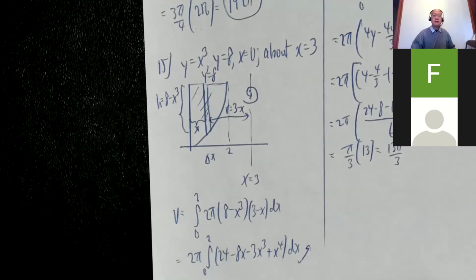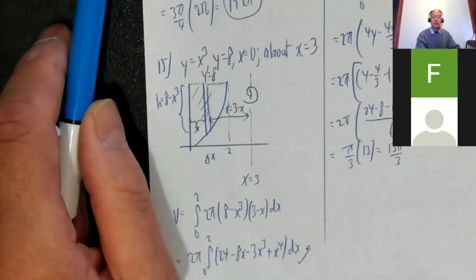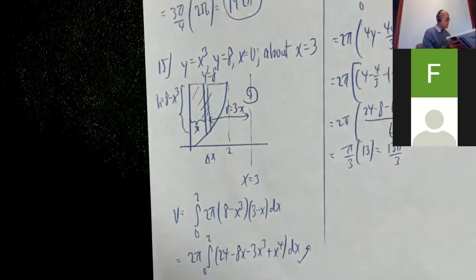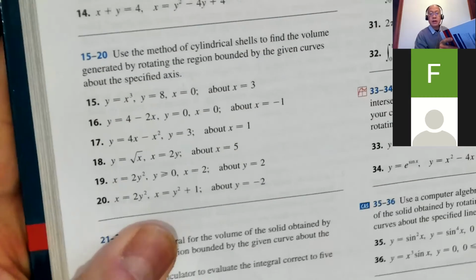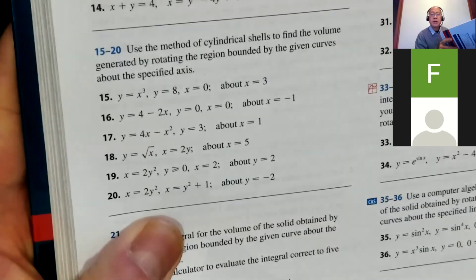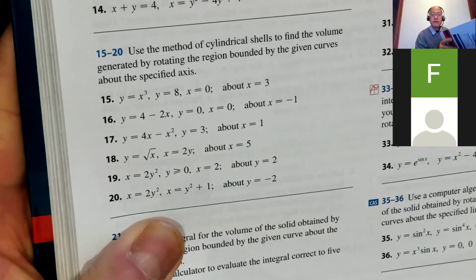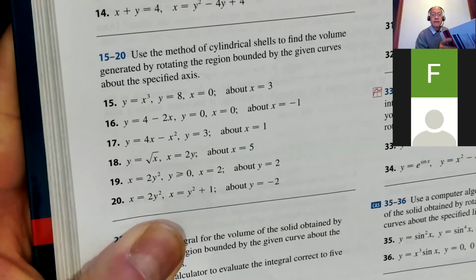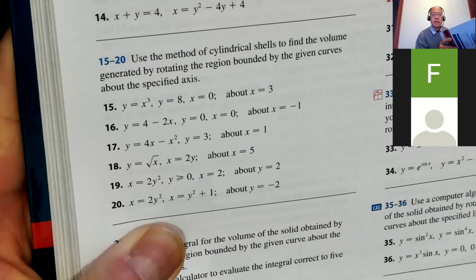Okay, now it's harder. We're not spinning about just the x-axis or y-axis, but about somewhere else. 15. Use a method of cylindrical shells to find the volume generated by rotating the region. Okay, 15, y equals x cubed, y equals 8, x equals 0.